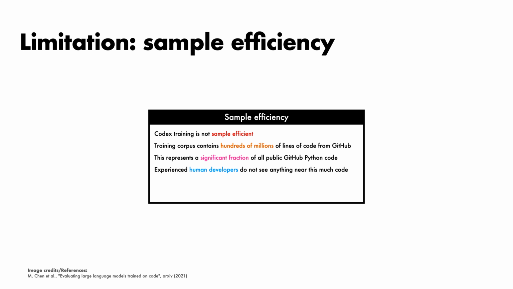However, a good student who has completed an introductory level course in computer science would be expected to solve more problems in the HumanEval suite than the Codex 12 billion parameter model, suggesting that there remains an enormous gap in sample efficiency to humans.